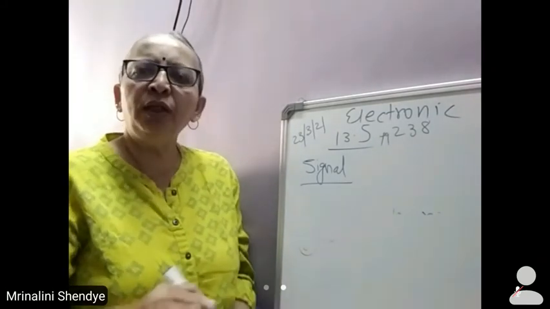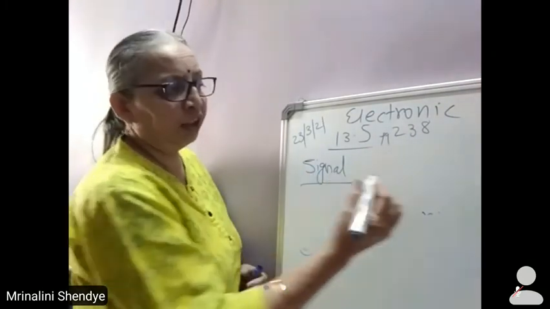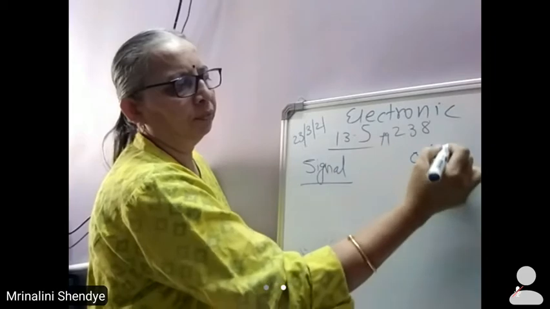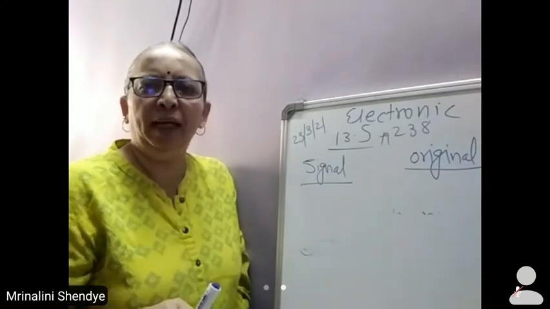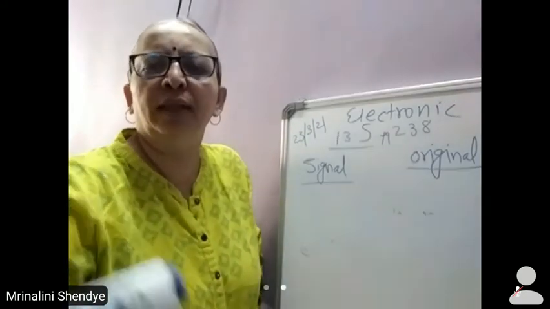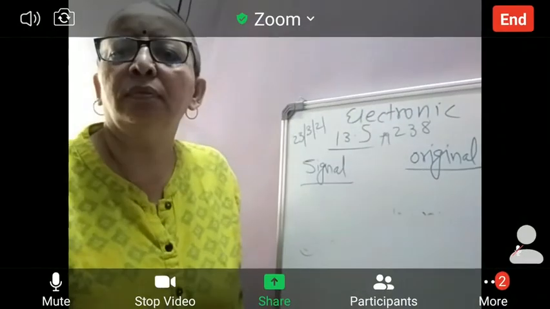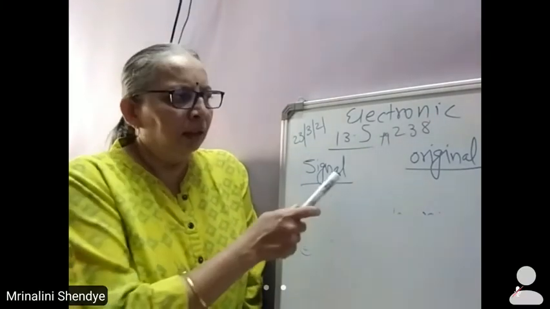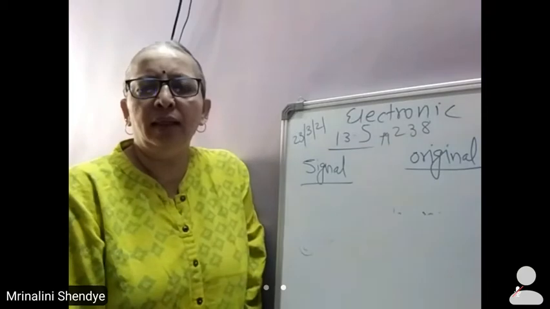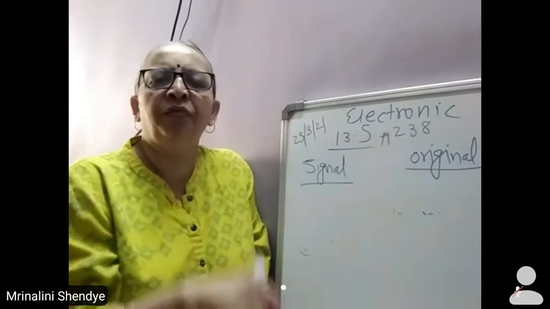So information to be transmitted is not transmitted in its original form, but it has to be modified and made suitable for transmission. So that is called signal. So we always say the transmitter transmits signal and the receiver receives signal. So signal is the modified form of information to be transmitted.